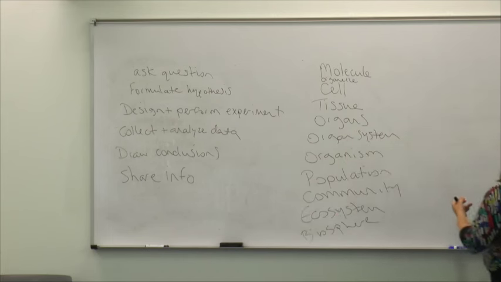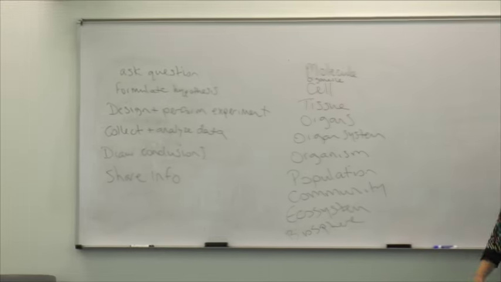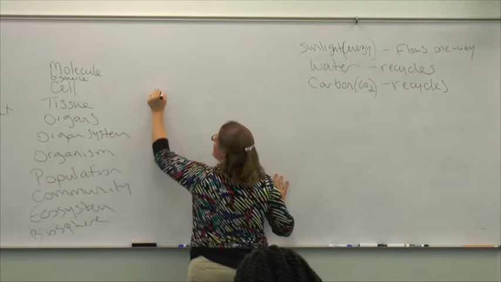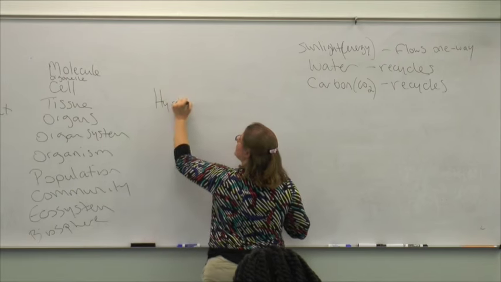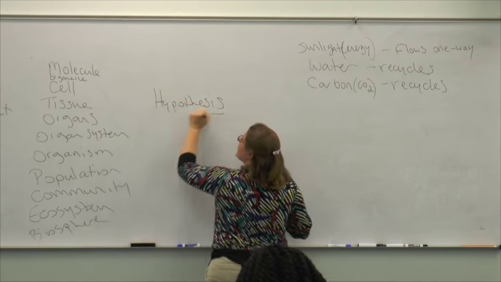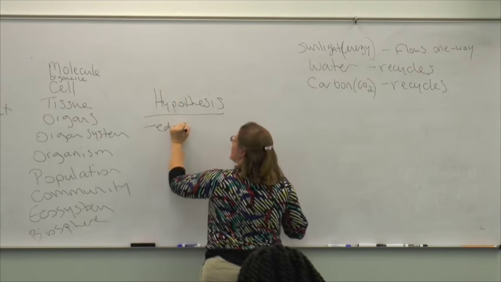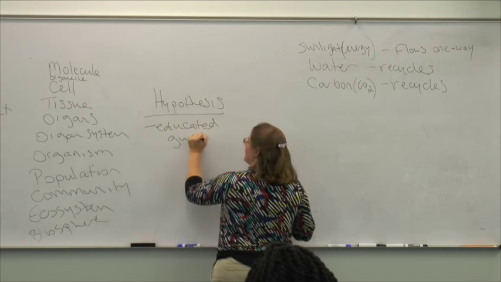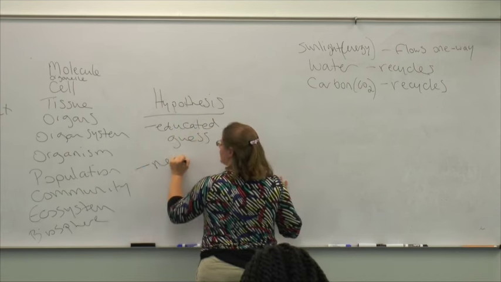Now, in terms of the hypothesis versus a theory, we went over that in that chapter 1 lecture, right? Remember? So first of all, what is a hypothesis? It's an educated guess, okay? Has it already been tested or does it need to be tested? Needs to be tested.